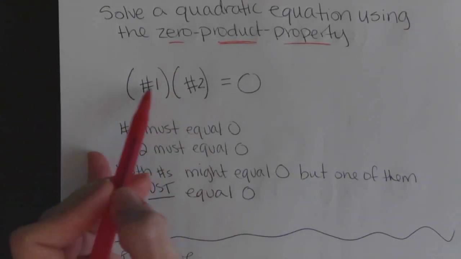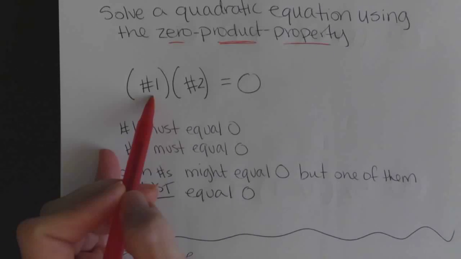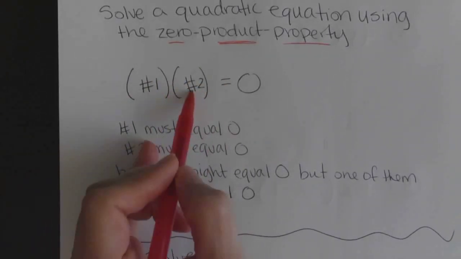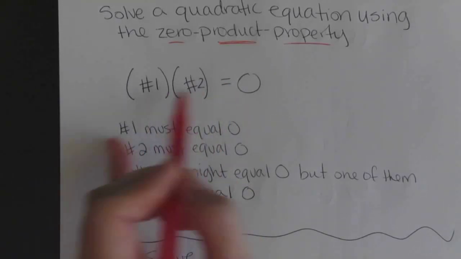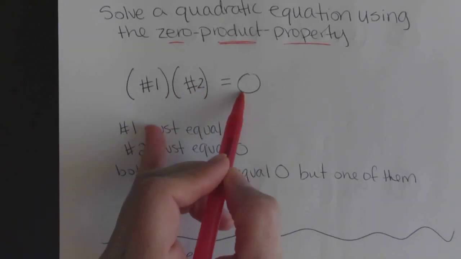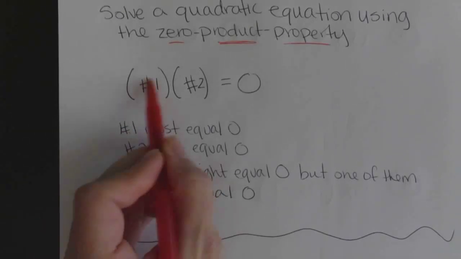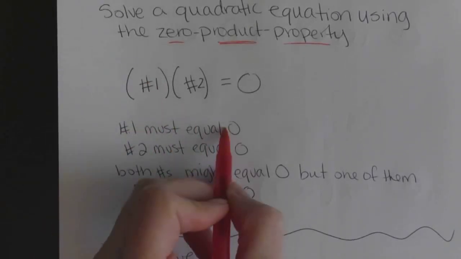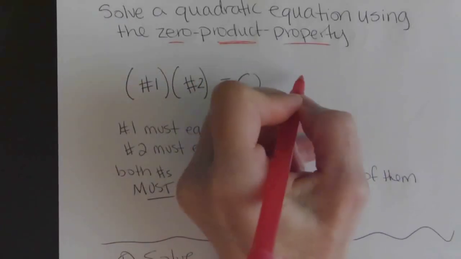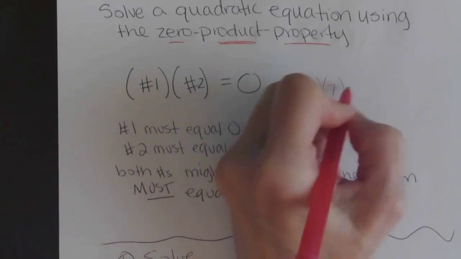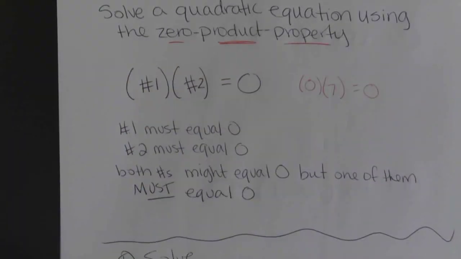If you have two numbers, I'm just going to call the first number number 1 and the second number number 2. If you multiply these two numbers together and the product is 0, then here's the deal. Either number 1 must equal 0. That would be a case like, say you had 0 times 7, then that would be 0.